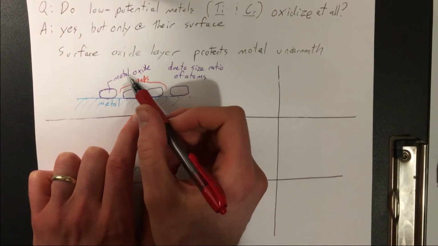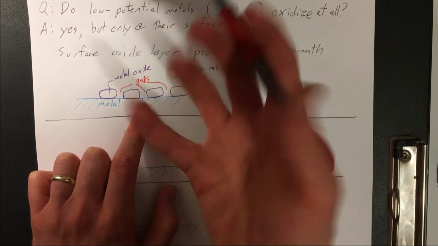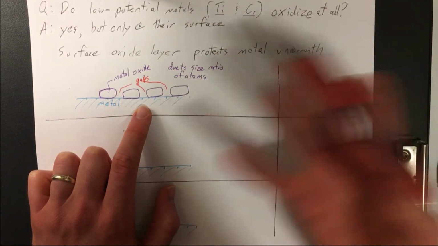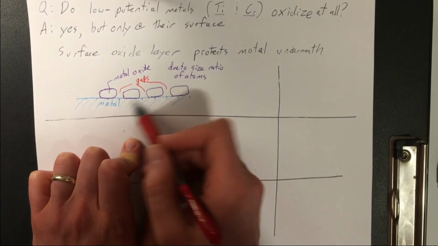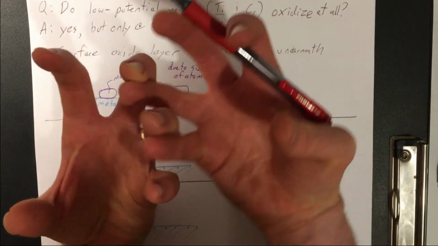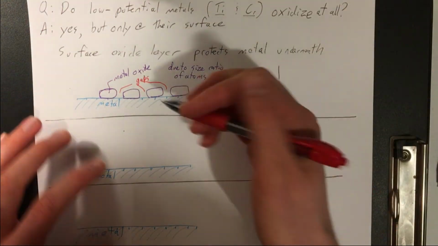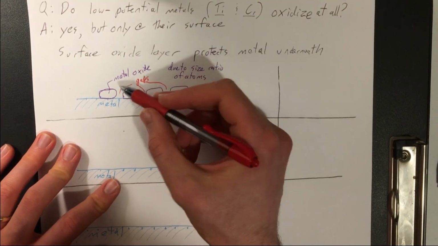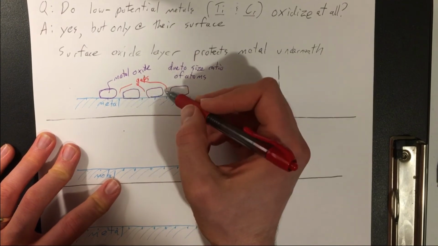So we might have one case where, just due to oxygen's size, oxygen's atomic mass, and the metal's atomic mass, and the way that they form, how tightly they bond to each other, and what the size of that chunk of metal oxide that forms right along the surface is, there might be some case where there are gaps.